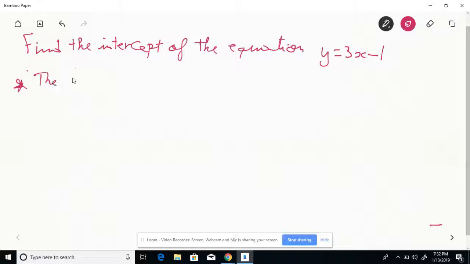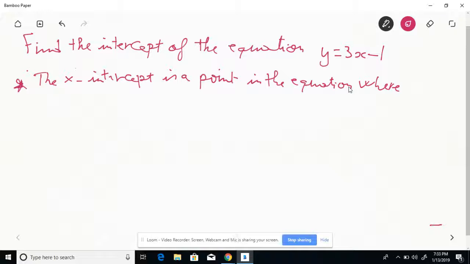The x-intercept is a point in the equation where the value of y equals 0. X-intercept: y equals 0.